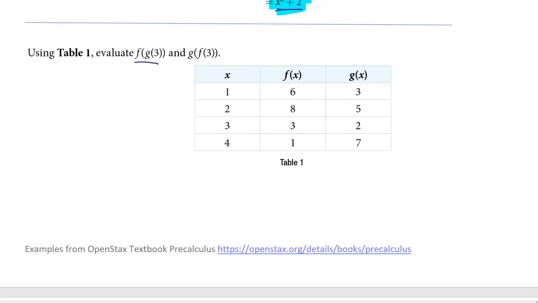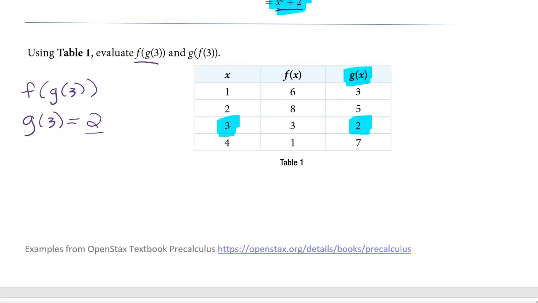If we find f of g of 3, that means we need to first figure out what g of 3 is. Well, g of 3 would be using an input of 3 in the g of x function, which gives us an output of 2. So g of 3 equals 2.